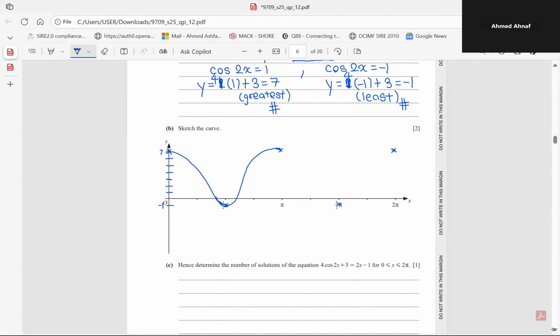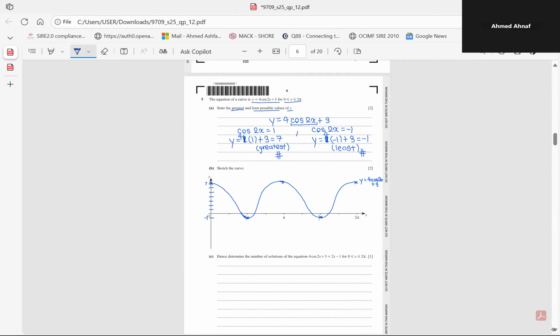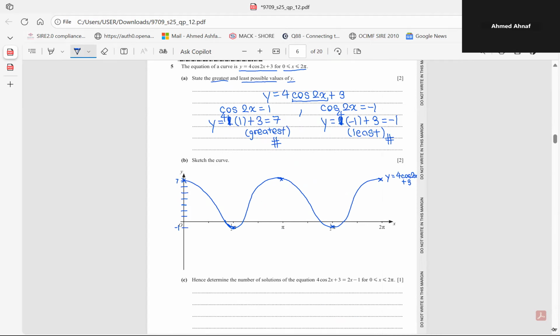All right, and now let's write down the curve down there. Okay, so this is the best sketch that we can do for our curve, 4 cosine 2x plus 3. So this is our final answer for this part. Let's head on to the next question.